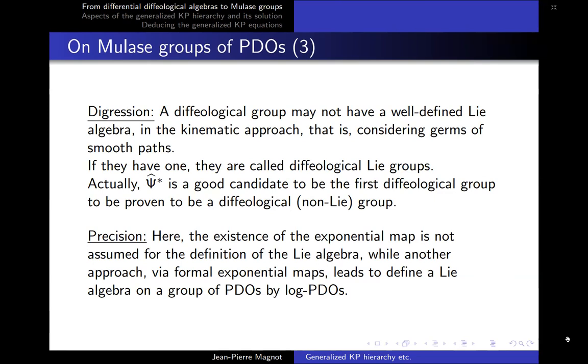So, since I have talked about tangent space and Lie algebras, and since I am in a seminar on geometry of differential equations, I have to mention another approach to define the Lie algebra of the group of units of some groups of PDOs, which is made algebraically by only assuming that there is an exponential map, and by looking at which formal symbols may match with the rules of the exponential map.